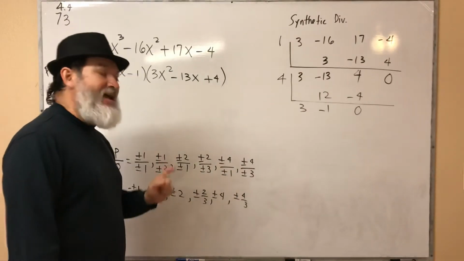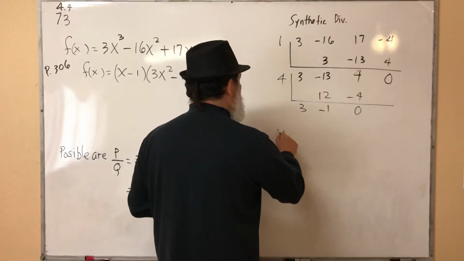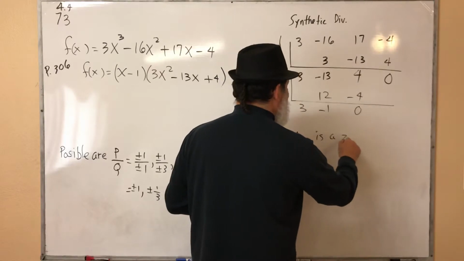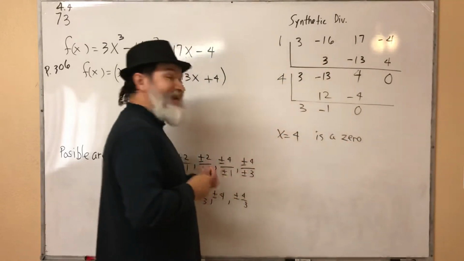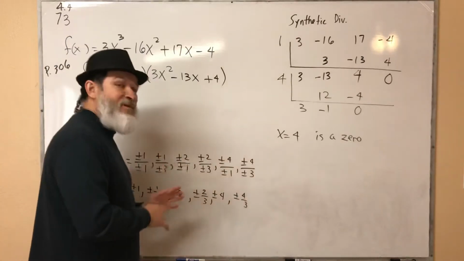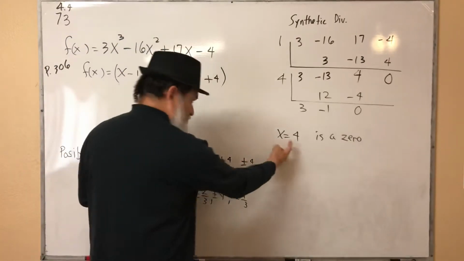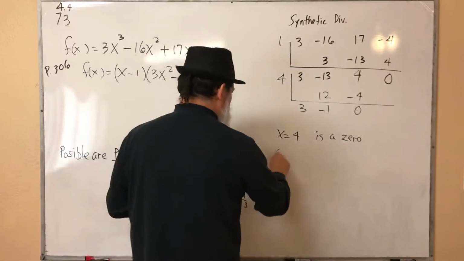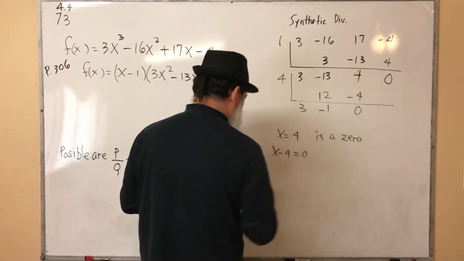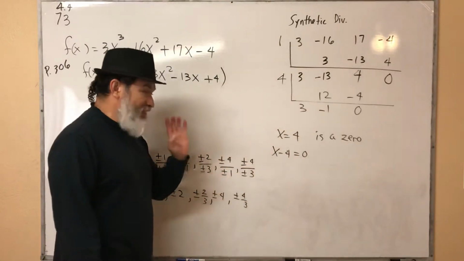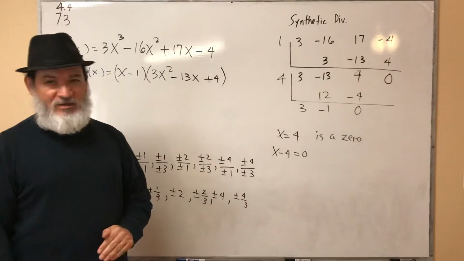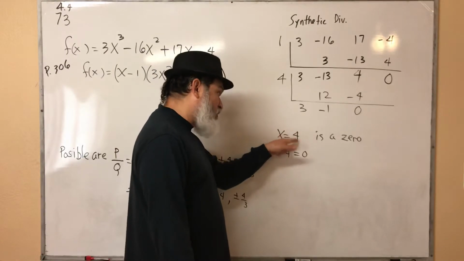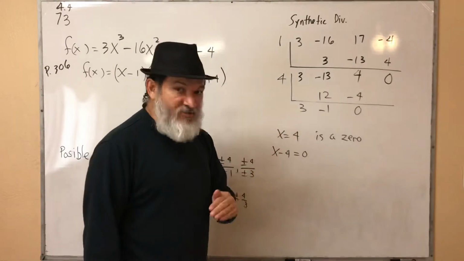Or you can say x equals 4 is a zero. And what does that mean? Well, bring it over, subtract 4 from both sides, so x minus 4 equals 0. So that means that x minus 4 is a factor. If x equals 4 is a zero, then x minus 4 is a factor.